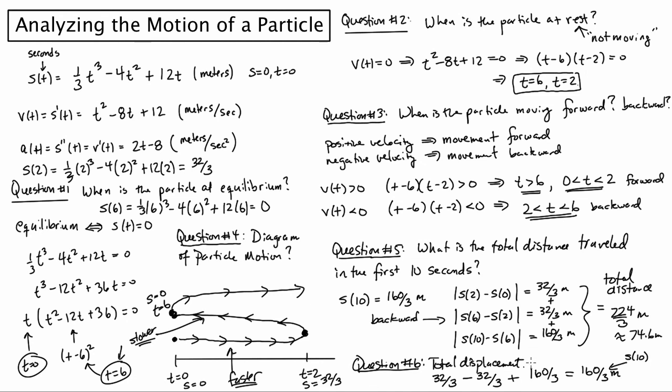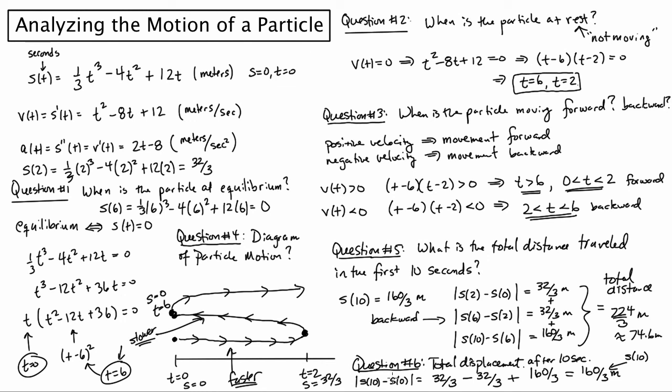Well, the total displacement after 10 seconds is nothing more than s of 10 minus s of 0. That's what this is. So if you're calculating distance, you have to consider each leg separately, whereas if you're counting displacement, all you need to do is consider the starting location and the ending location and the differences between those.